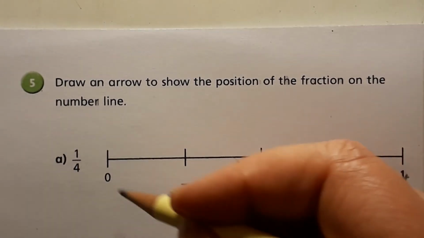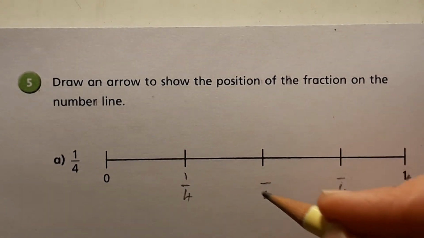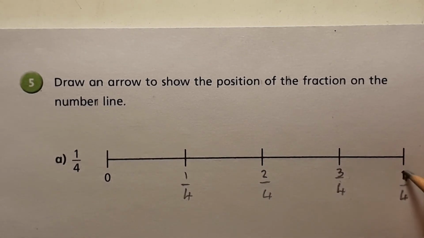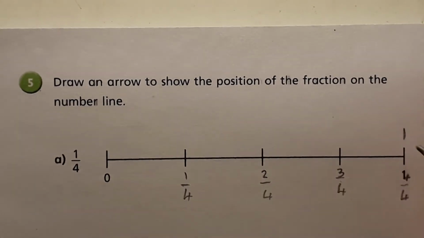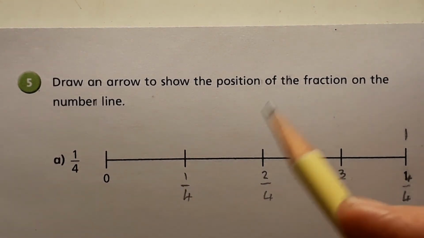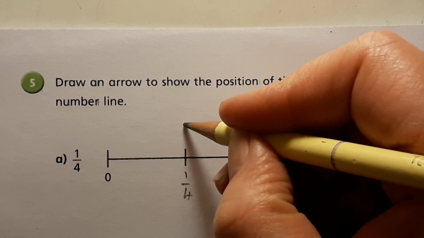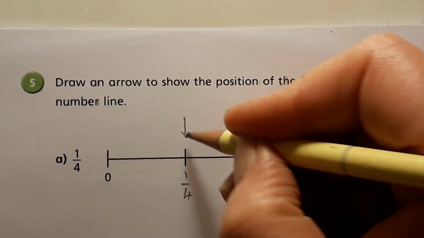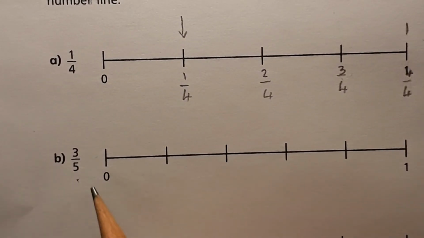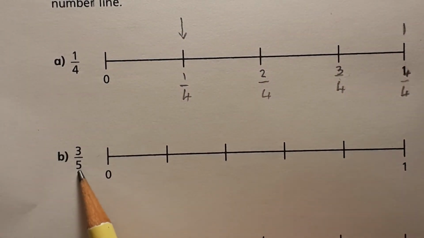And then this would be 1/4, 2/4, 3/4, 4/4, which is also the same as 1/2. And we need to show an arrow that would be 1/4. Here's my favourite fraction, 3/5.